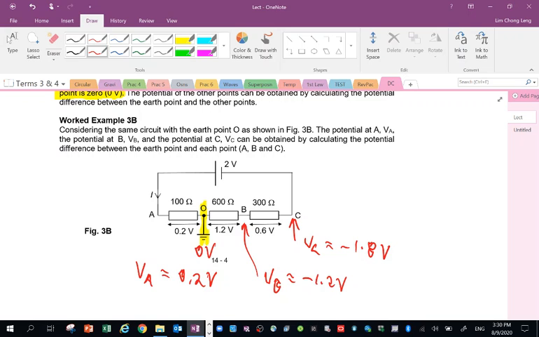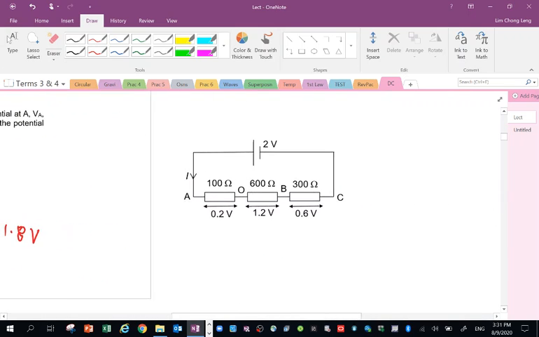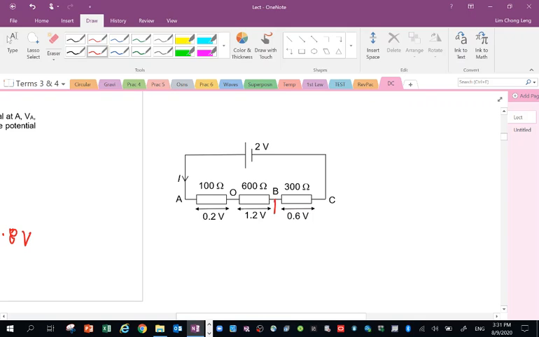Now, suppose I shift the earth point to B. Suppose I have another example. I shift the earth point to B. This point I call earth. So VB will have 0 volt potential because it's the earth potential, right? Then VA will have a positive potential, which is 1.4 volt above earth.